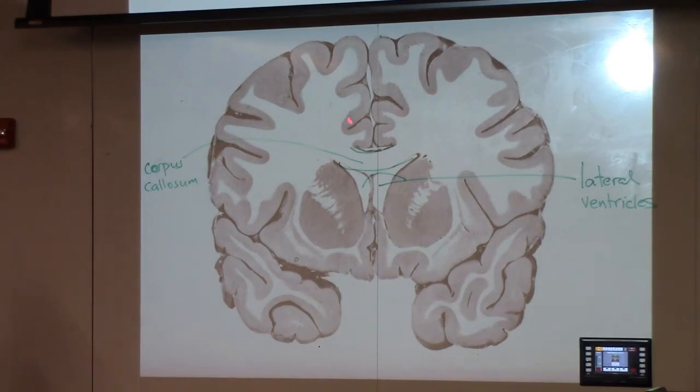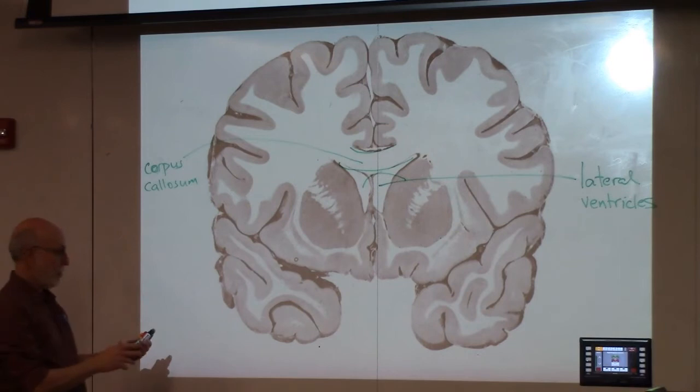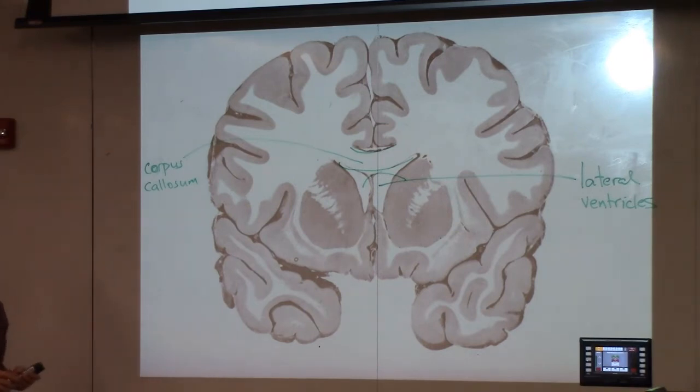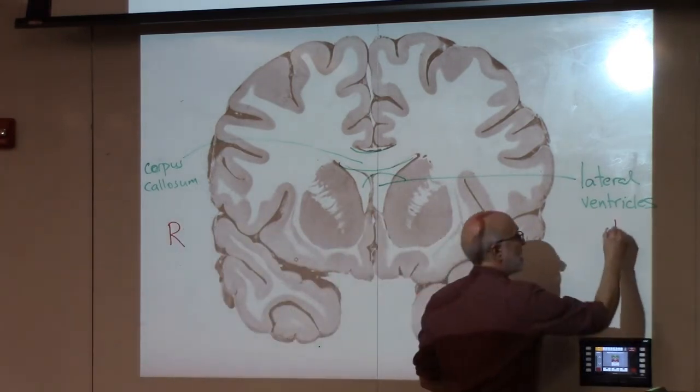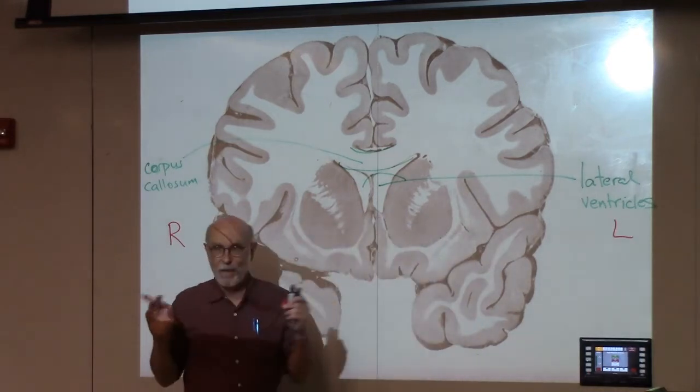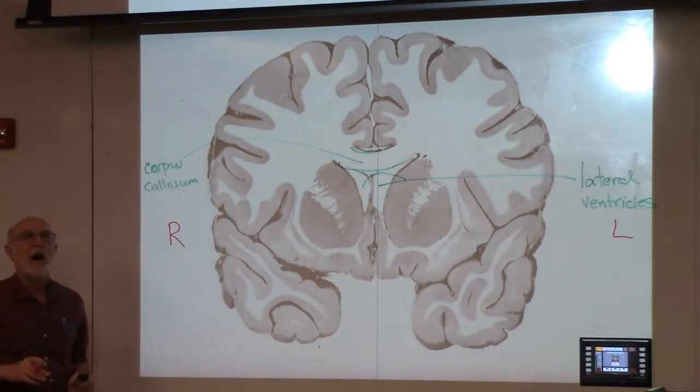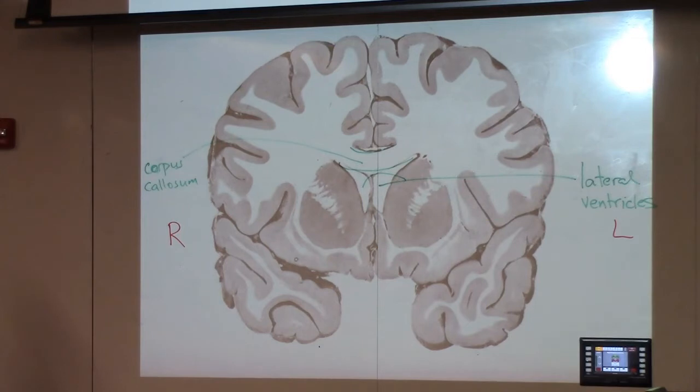The cerebrum. Okay, cerebrum. Now, is that the right or left hemisphere of the cerebrum? Right, kind of. If we're looking at it from the front, this is the right side and this is the left side. We're always looking at it from the front unless I tell you otherwise.